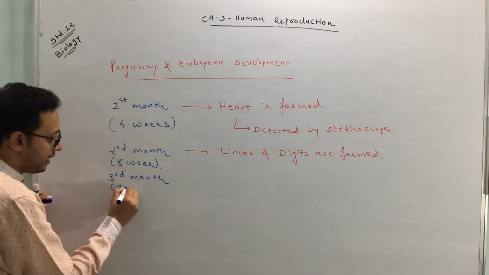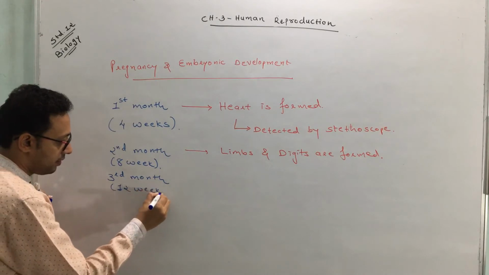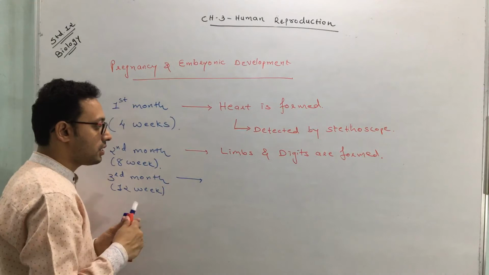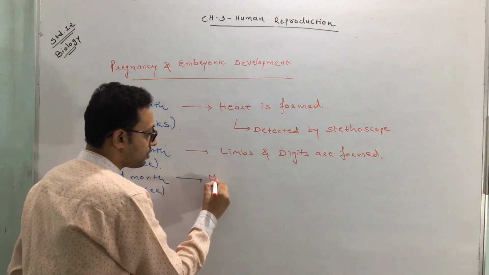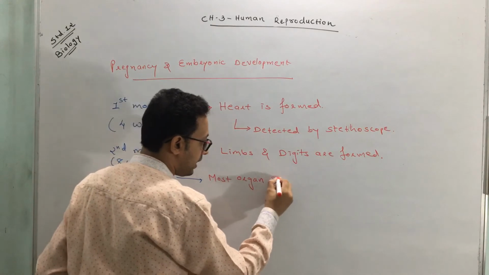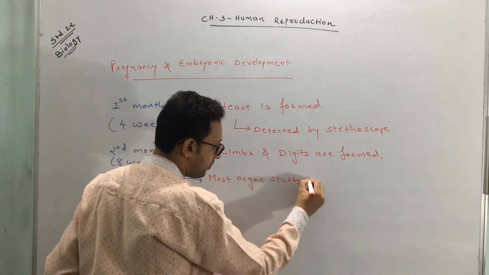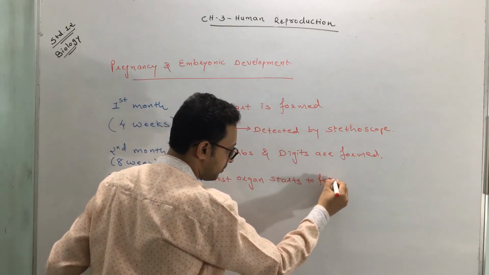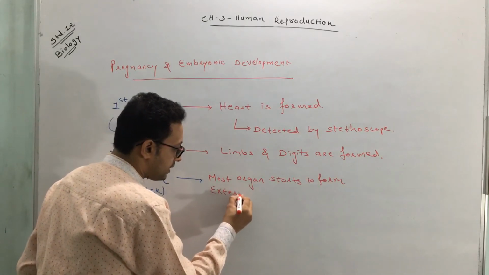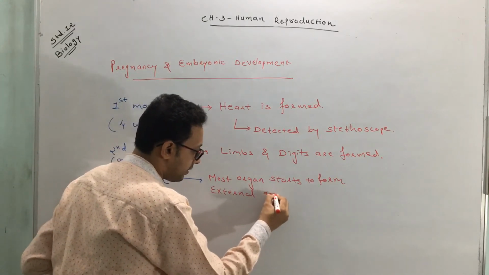Or you can say at the end of 12 weeks, what observations take place? Here, most organs start to form and there is an appearance of external genitalia.